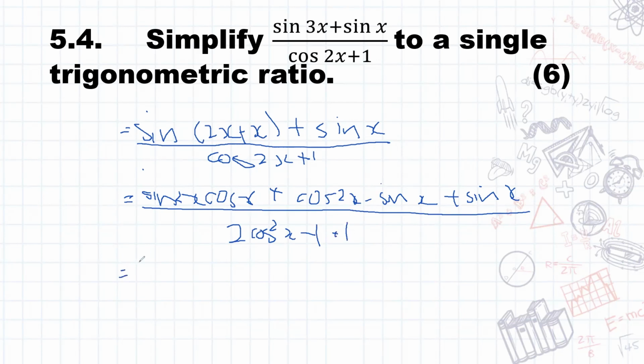The next step is to then take out the 2's, so to get rid of those double angles. So I'll have 2 sine x cos x, that's for this one here. And then I've got a cos x attached to it, so times another cos x plus, and now I've got cos 2x.